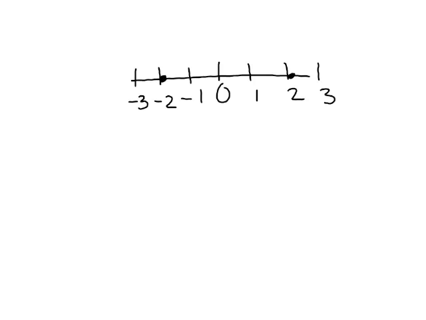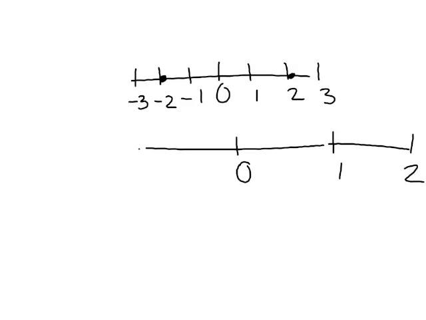So our number line can be as detailed as we want it to be. We keep 0 in the middle. We can have a 1 and a 2. Let's say I want to graph -1.5.